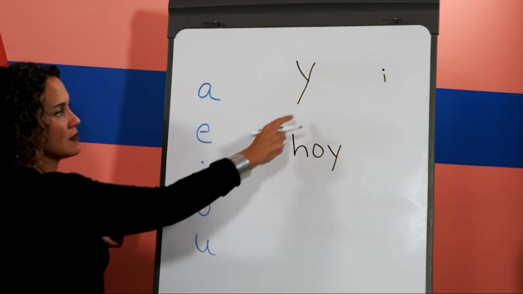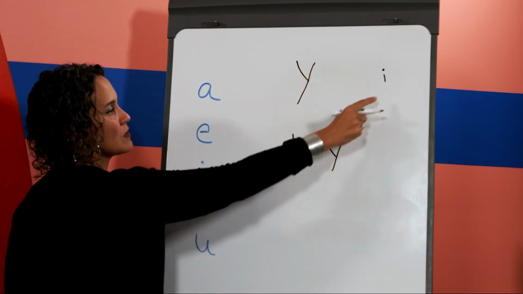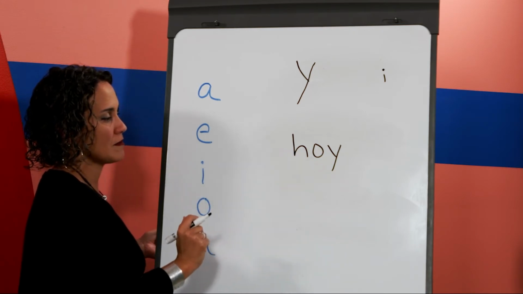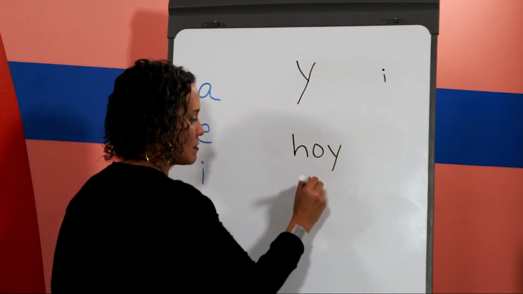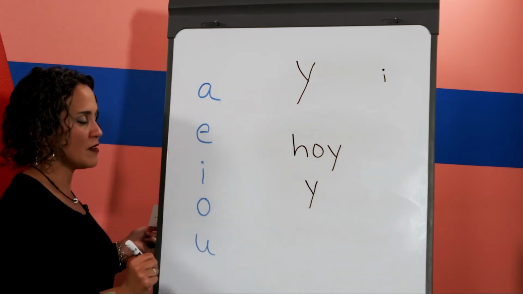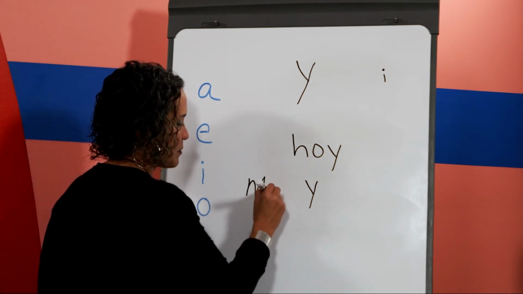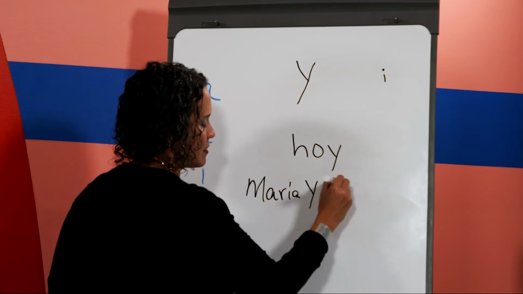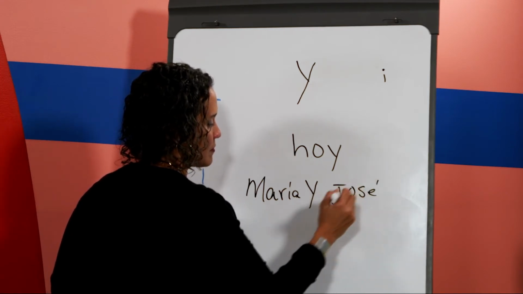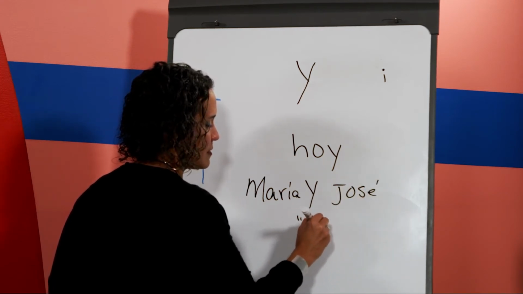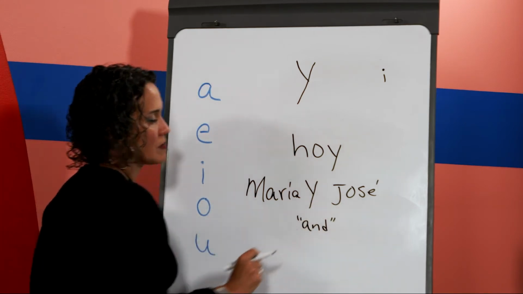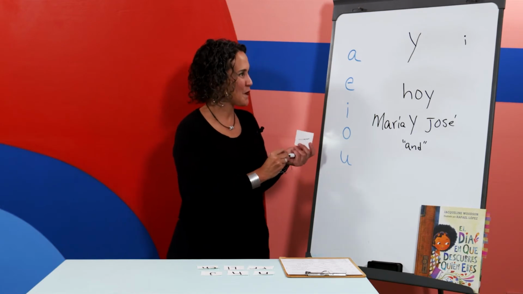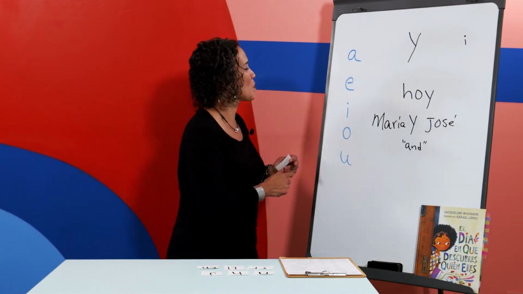Every time this letter is at the end, it's going to sound like this one. Okay, so it's hoy. And also, when we have it by itself, I'm going to write a sentence here. María y José. So when it means and, it's going to sound like i. Got that? Okay, let's practice.